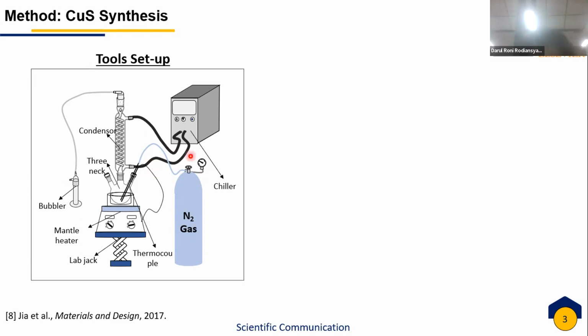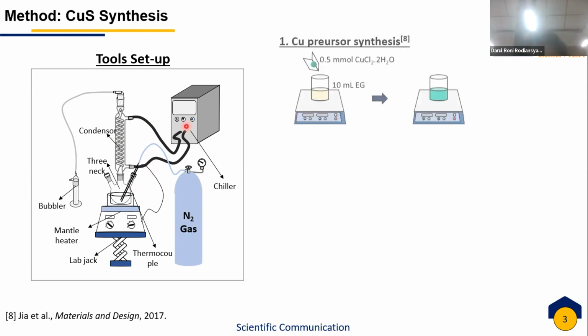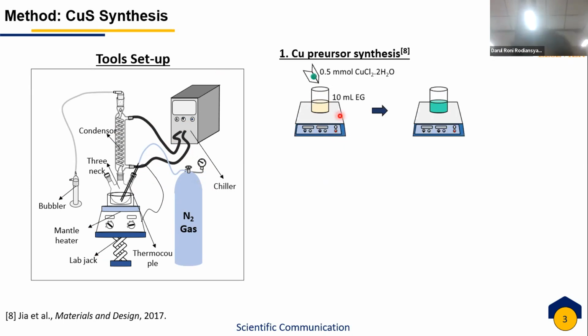There are many components such as nitrogen gas, thermocouple, lab jack, bubbler, Graham condenser, and mantle heater for heating and stirring, and a chiller for cooling.